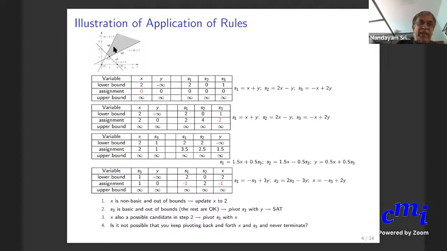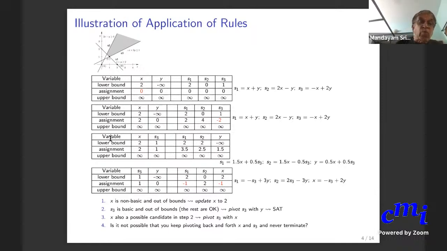So the region shown here with this new constraint is a subset of this shaded region. X equal to 2 goes like this, and it is all the region above that. So the question I'm raising is: is it not possible for one to keep pivoting back and forth between the same pair of variables? We need to ensure that that condition doesn't happen.